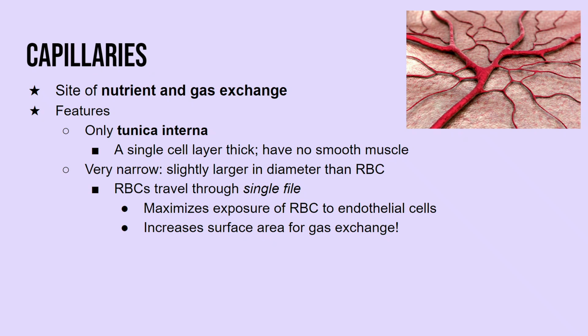Next, we move on to capillaries. So now we're at the tissue. Capillaries are the site of nutrient and gas exchange. They are only the tunica interna, and they're a single cell layer thick. So there's no smooth muscle, which means that the body can't constrict or dilate them.